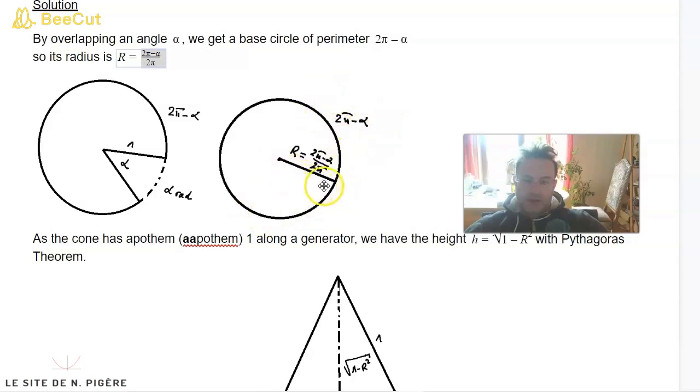But the radius is the length of the circumference of the circle divided by 2 pi. So we know that r is equal to (2 pi minus alpha) divided by 2 pi. This is the radius of the base disc.